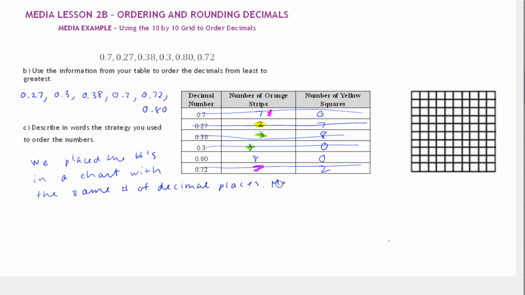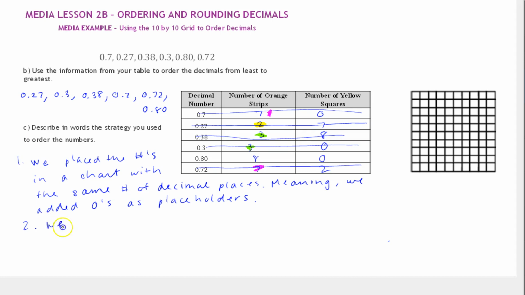And by that, meaning, we added zeros as placeholders. So when we had just one digit, like 7, we put a 0 in the placeholder. That was the first thing we did.